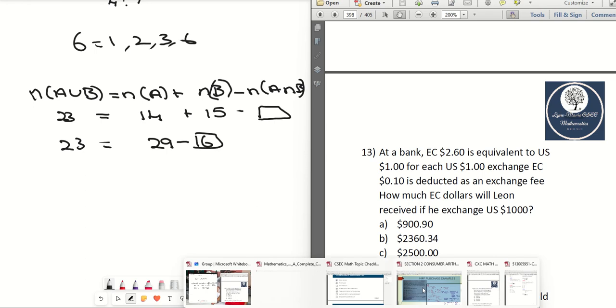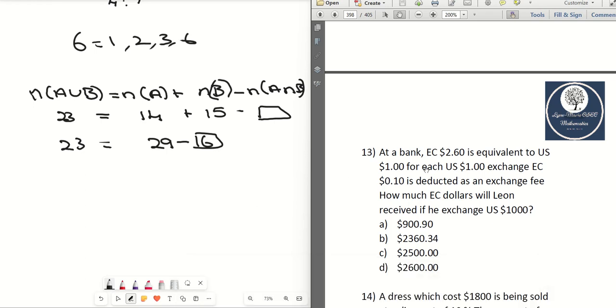This one, 13. At a bank, EC $2.60 is equivalent to 1 US. For each US dollar exchange, EC 10 cents is deducted as an exchange fee. How much EC dollars will Leon receive if he exchanges 1,000?